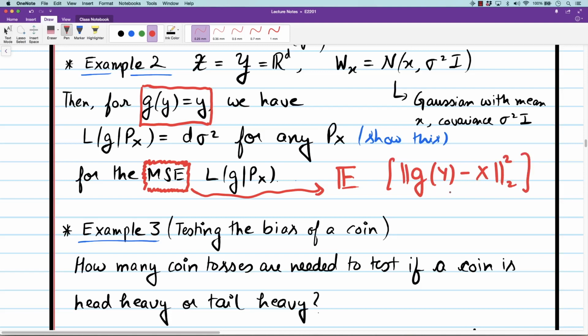Then you can check that no matter what P_x is, for our choice, g of y equals y, this is exactly equal to d sigma square. Okay, so we saw one estimation problem, namely that of mean estimation by looking at a noisy version of it, and proposed a very simple estimator and saw what error performance we get. This is another toy problem, just to give you an example of an estimation problem.